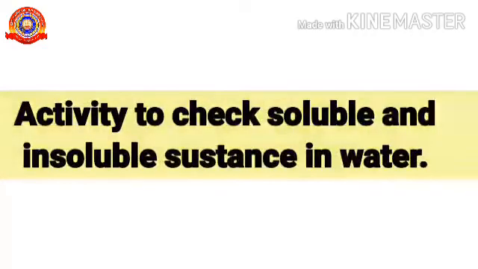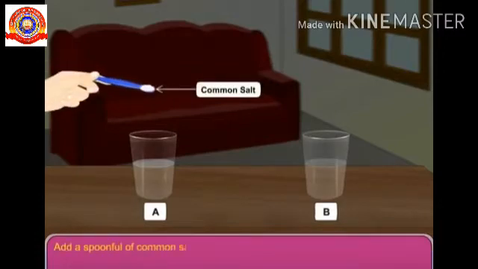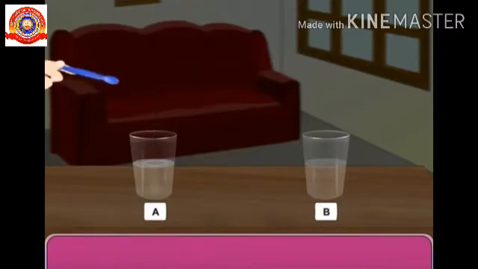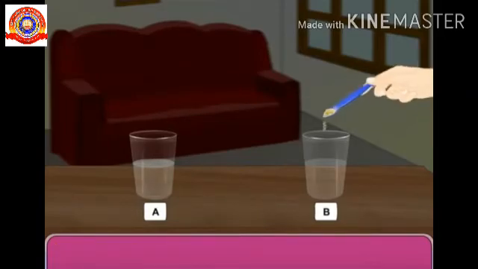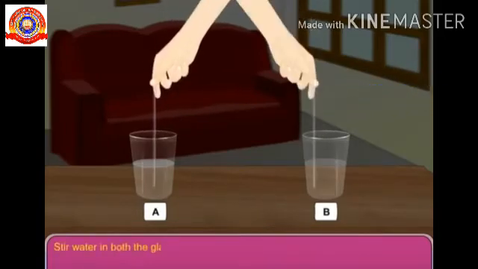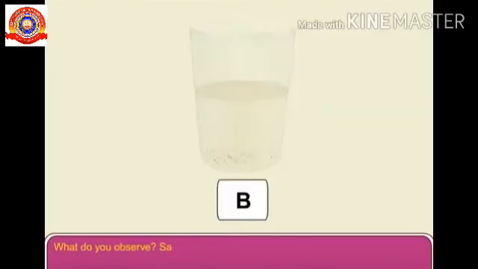Let's perform an activity to check soluble and insoluble substances in water. Take two glasses. Mark them as A and B. Fill each of them about half with water. Add a spoonful of common salt in glass A. Add a spoonful of sand in glass B. Stir the water in both the glasses. What do you observe?